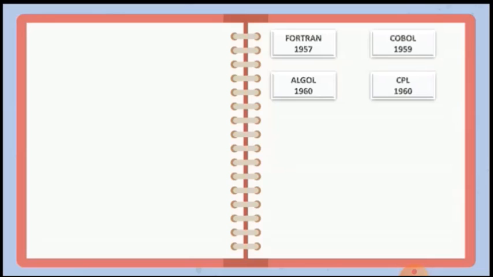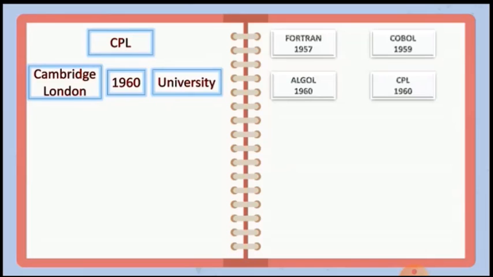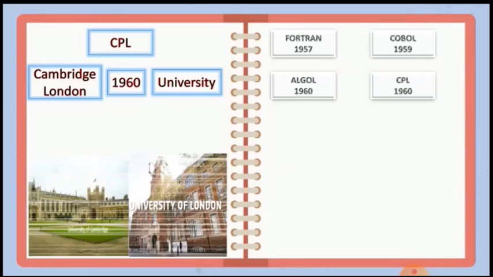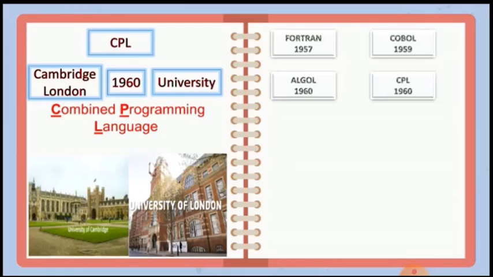So to perform multiple tasks in a single language, CPL was created by University of Cambridge and University of London in 1960. CPL stands for Combined Programming Language, but this language came up with some issues.